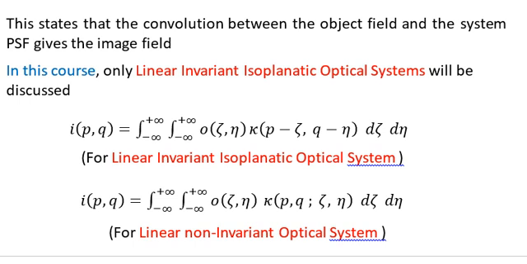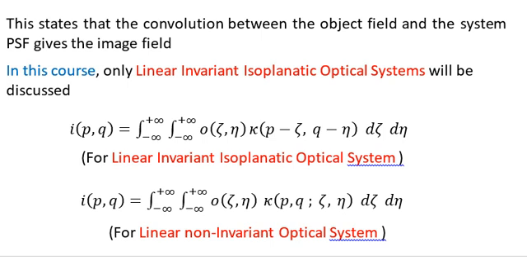In this course, only linear invariant isoplanatic optical systems will be discussed. So remember that we shall mostly be discussing linear systems which are invariant and which follow the isoplanatic region. Those systems will be considered.